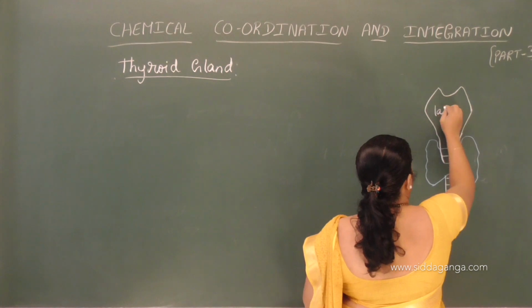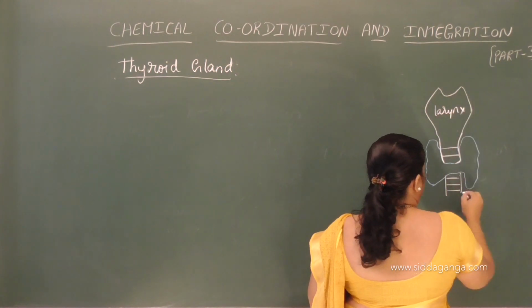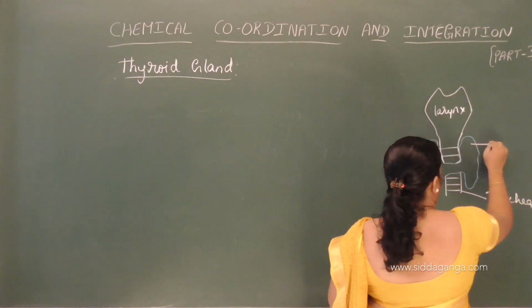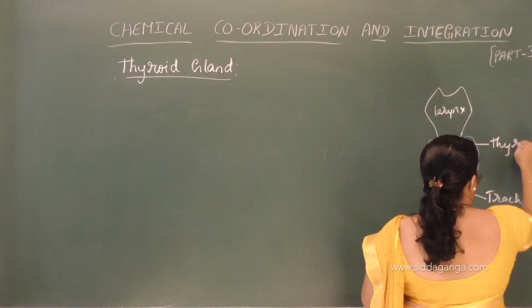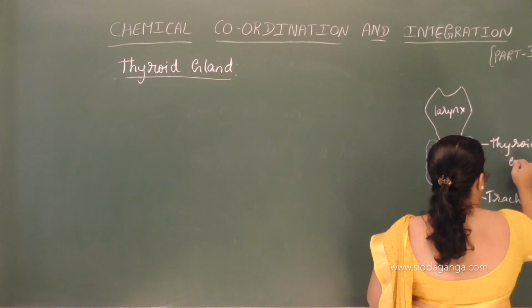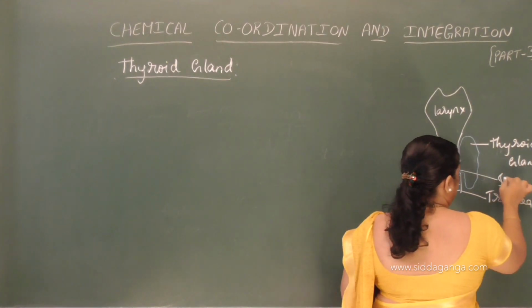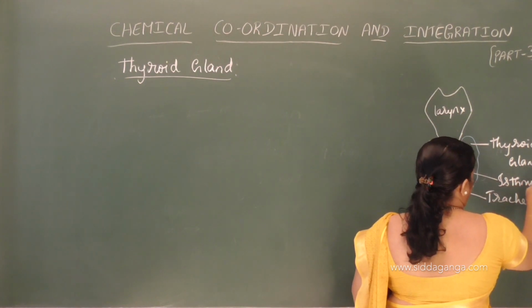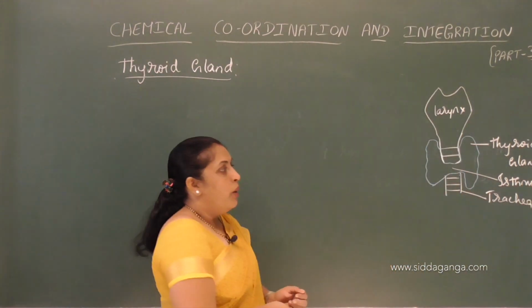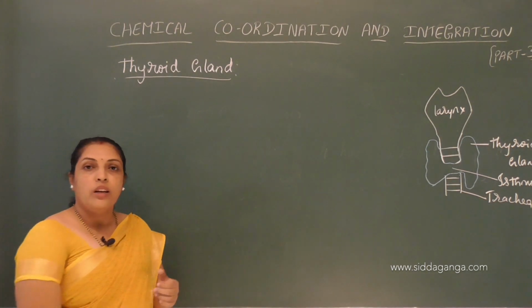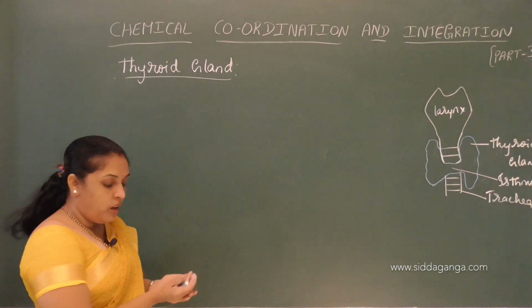So this is the larynx, trachea, thyroid gland, and isthmus. Thyroid gland is the largest endocrine gland among the endocrine system.